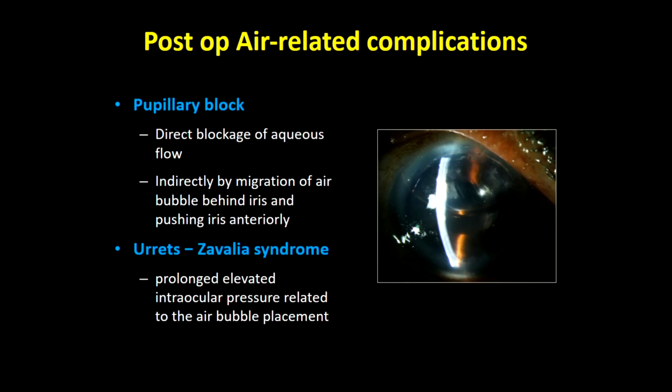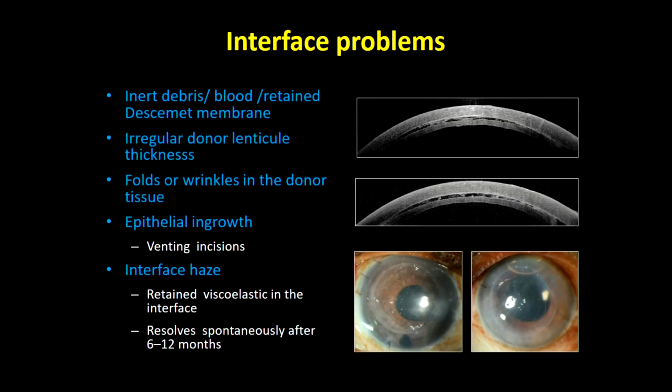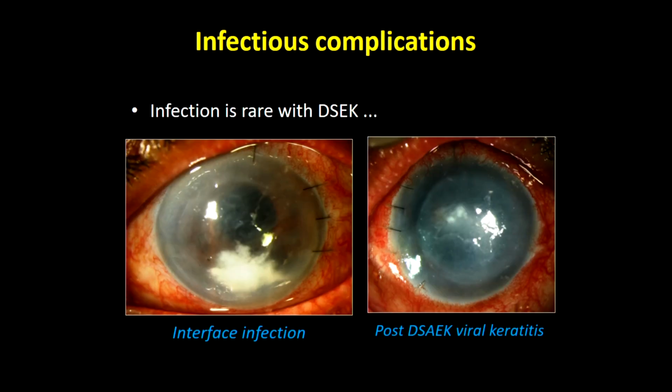Post-op air complications can be pupillary block or Uveitis-Glaucoma-Hyphema syndrome. I have shown a pupillary block, where air is blocked there. Incidentally, in all cases I do an inferior PI. Interface problems are the same, with residual Descemet's membrane and pigments shown. Infection, although very rare, is almost like fungal infection, and you can see the surface dendrite.